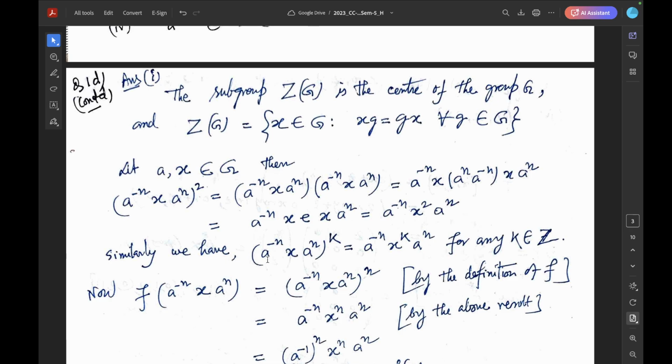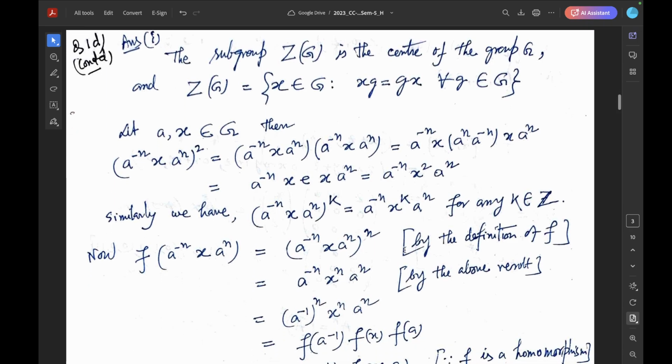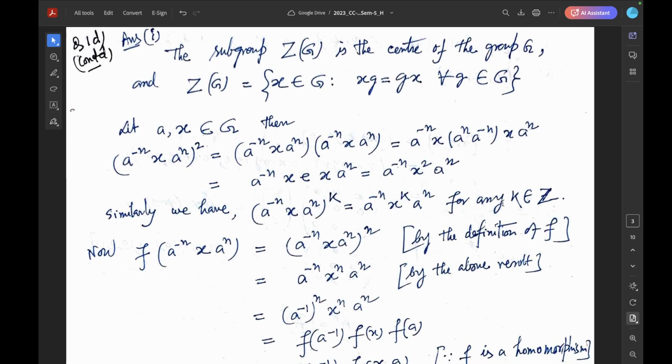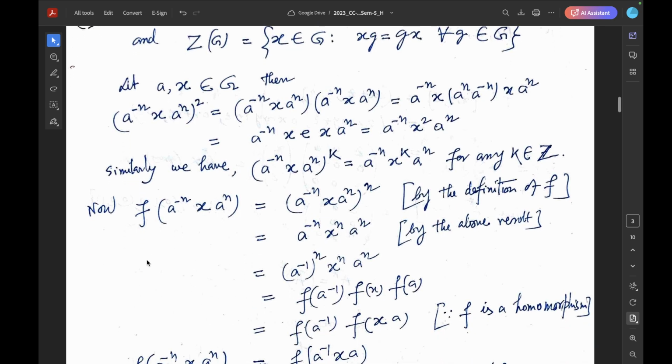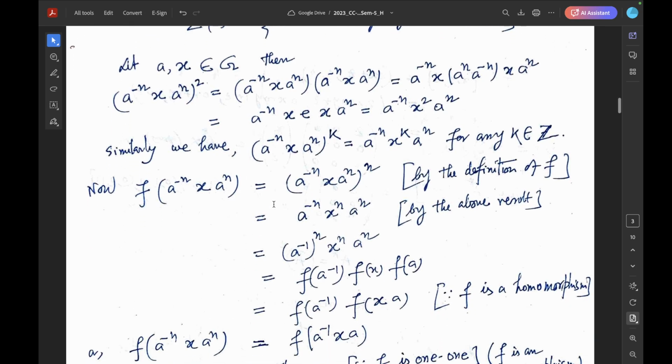Similarly, we have (a to the power minus n x a to the power n) whole to the power k equal to a to the power minus n x to the power k a to the power n for any integer k. Now, f of (a to the power minus n x a to the power n) is equal to (a to the power minus n x a to the power n) whole to the power n.